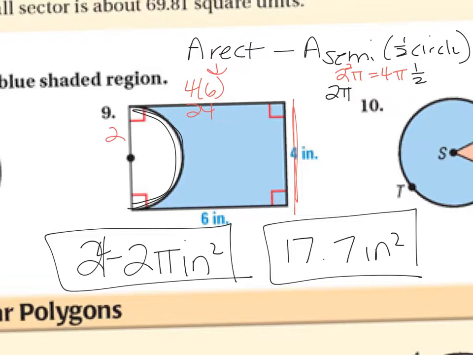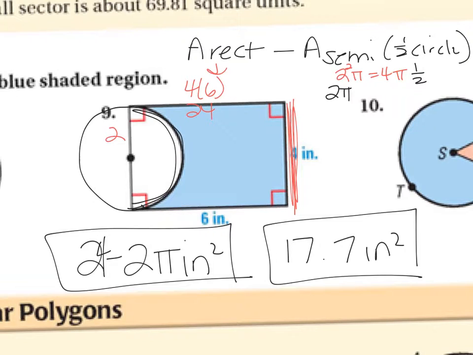How do you know it was 2 pi? I just took, that is exactly half the circle. So if you find the whole area of the whole circle and then just cut it in half. Because I did 180 over 360 times pi r squared. So pretend as though this was a whole one, right?